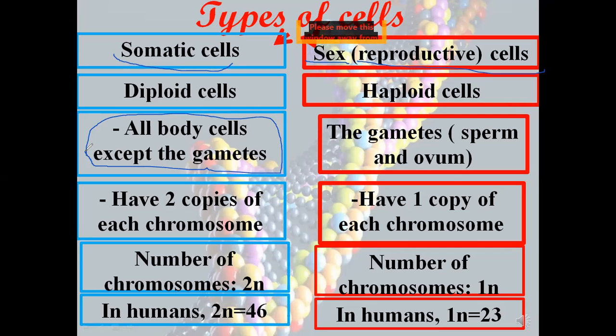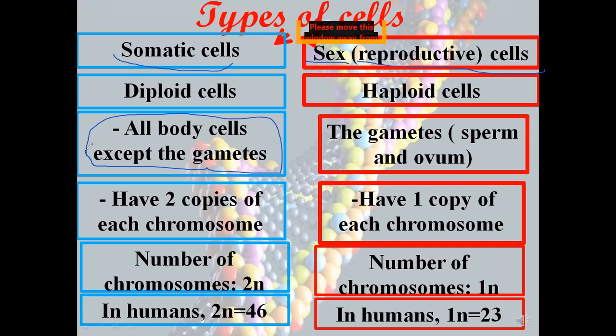However, the gametes are called sex cells. The sperm and the ovum are the gametes, and they are the sex cells.